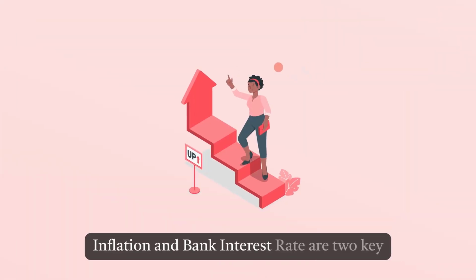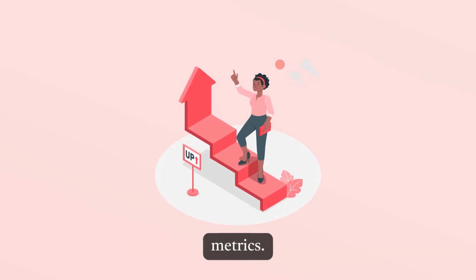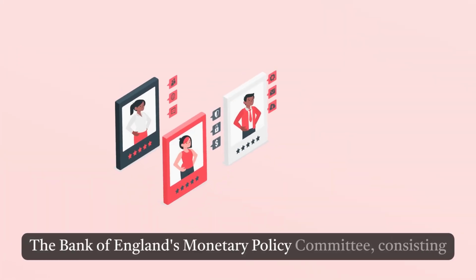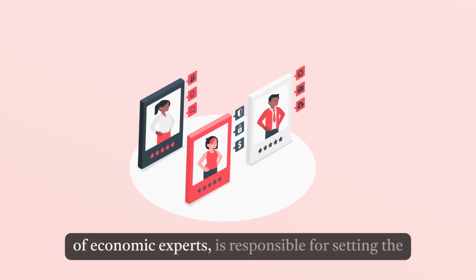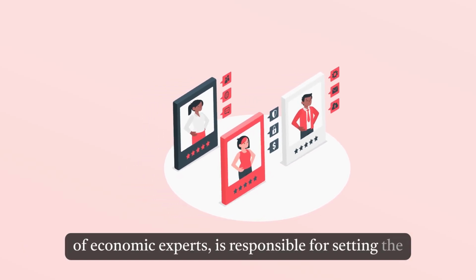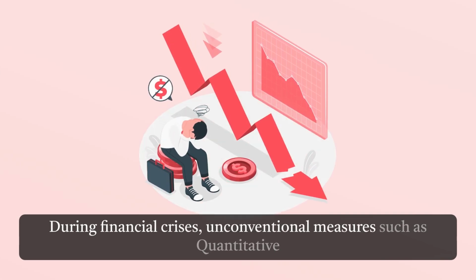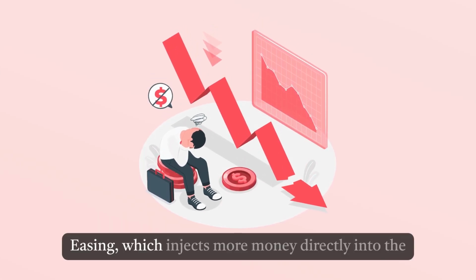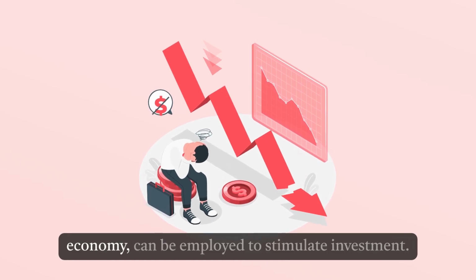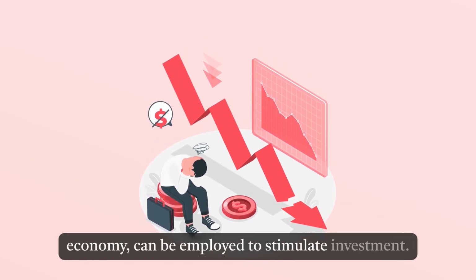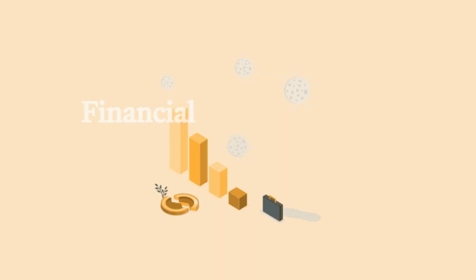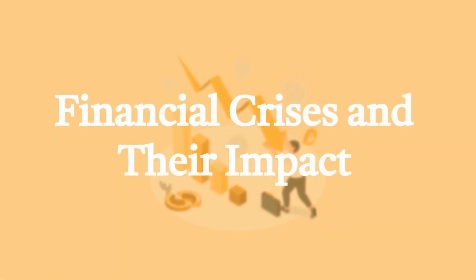Inflation and bank interest rate are two key metrics. The Bank of England's Monetary Policy Committee, consisting of economic experts, is responsible for setting the interest rate. During financial crises, unconventional measures such as quantitative easing, which injects more money directly into the economy, can be employed to stimulate investment.